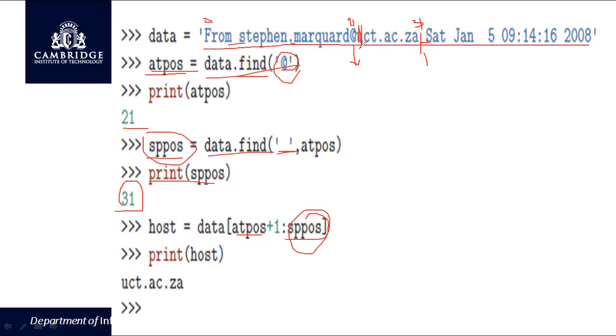The first index is 22, so it starts from 22 and prints till the 30th position. When I print this, you can see the other part of the email is printed. That is the use of parsing strings using different methods and string slices.